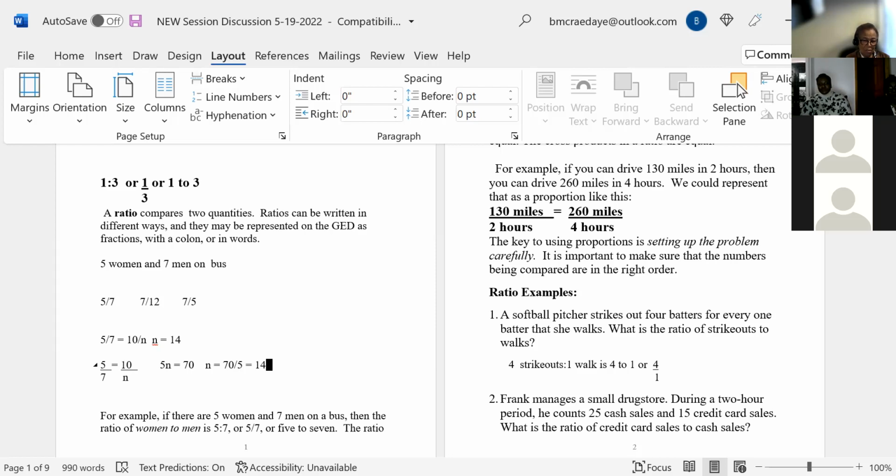That's the answer. If you broke this down into 50 and 20, 50 divided by 5, and then 20 divided by 5, you get 14, right? Mercedes, you said you didn't understand how we got 70 divided by 5 is 14.